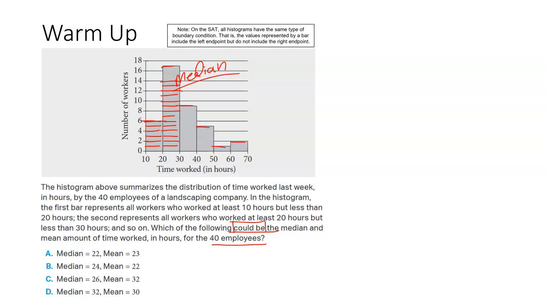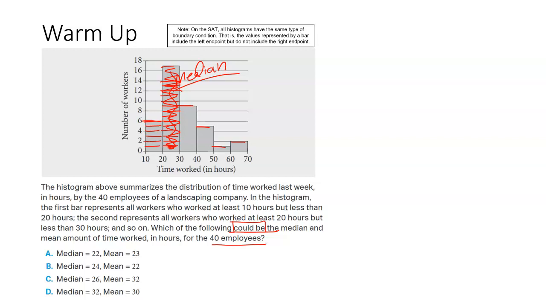Now, I don't know exactly what the value is because I don't know what each individual data point is. I could have 5 people that worked 20 hours and then 7 people that worked 23 hours and then one person worked 29 hours. I don't know what those individual data points are. So I can't find the exact median, but I know that it has to be somewhere in this bar, from 20 to 29.